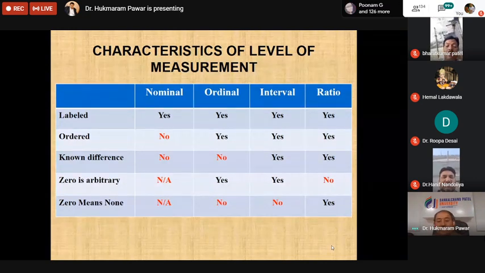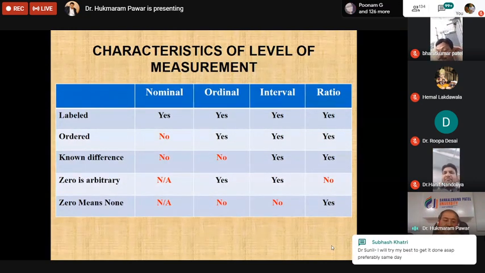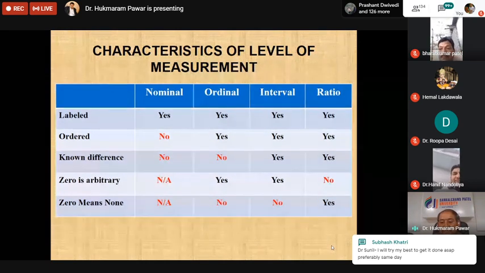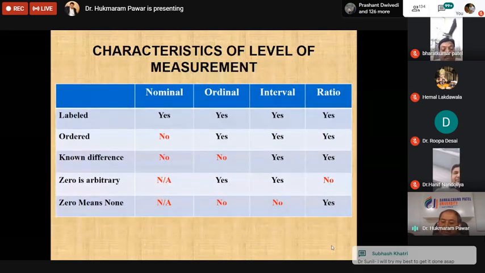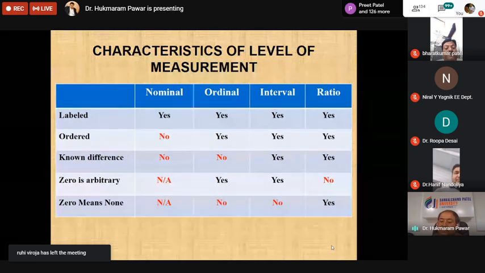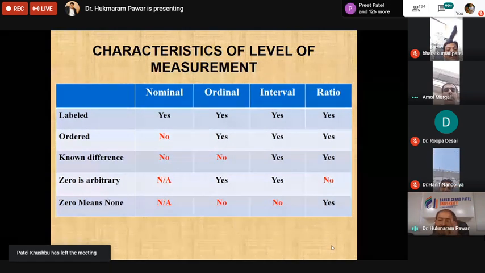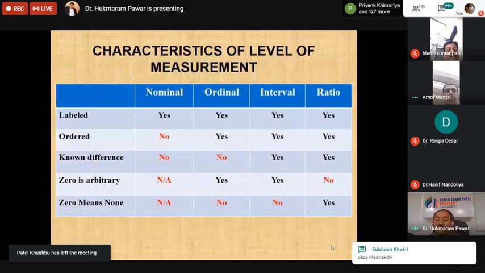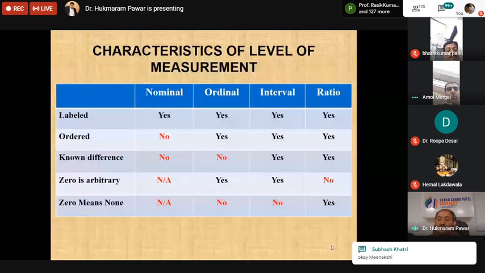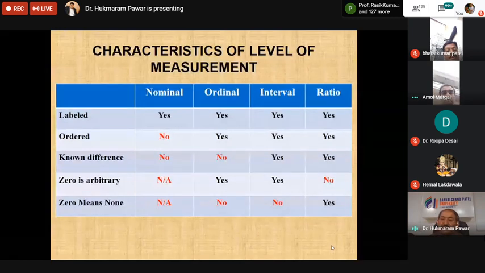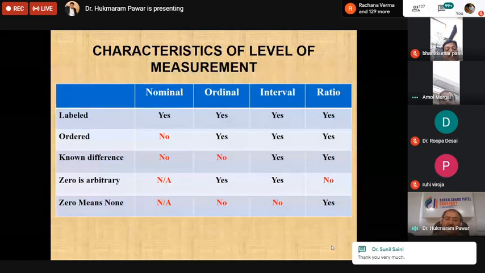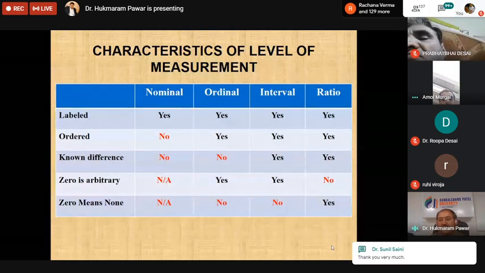Interval: label, order, known difference are there, zero is arbitrary here, but zero means none is not possible. And in ratio, except arbitrary zero, all the remaining things are included, and that's why ratio is the more powerful measurement and the most powerful type of data compared to nominal, ordinal and interval.